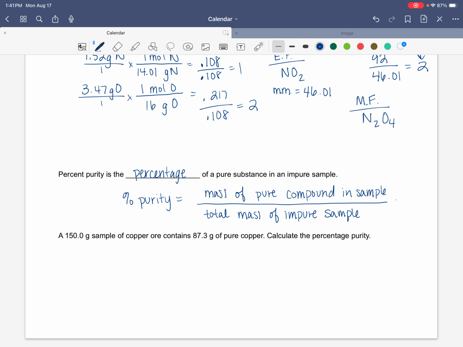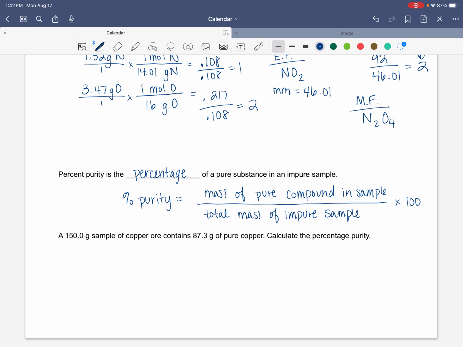Okay, and since it is a percentage, we are going to times that by 100. So the mass of the pure compound is whatever pure substance we're trying to determine the purity of, like in the example we have here, it's going to be copper, and then the total mass of the sample, not just of the pure substance.